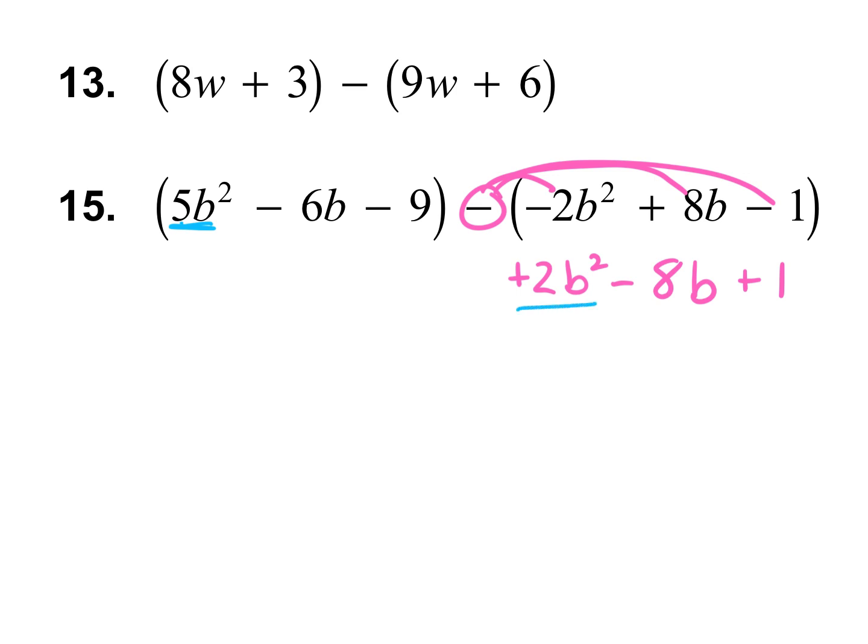So 5b squared plus 2b squared would be 7b squared. Negative 6b minus 8b. Negative 14b. And negative 9 plus 1. Negative 8.